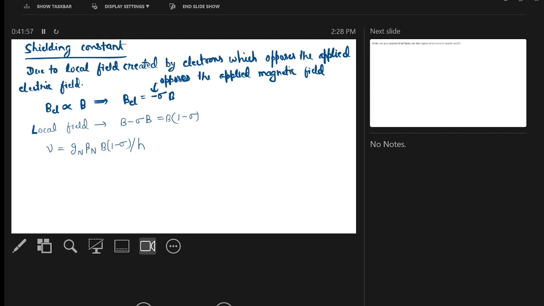Let's try to see two examples. CH4, and CH3COOH. This is methane, and this is acetic acid. Both have 4 protons.